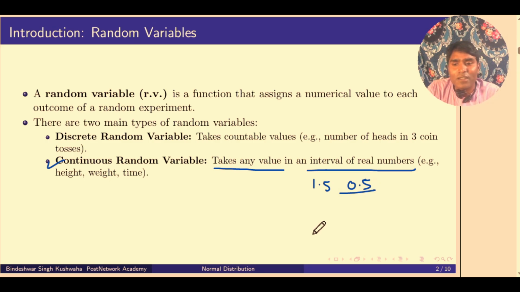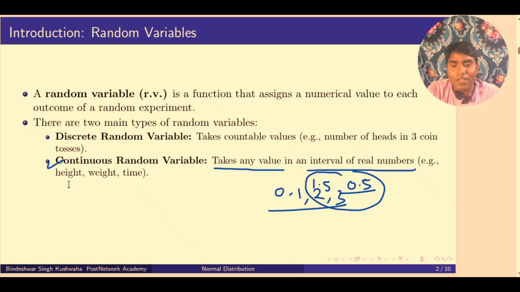Instead, a discrete random variable was not taking this kind of number. Discrete random variable started from 0, thereafter 1, none in between, 1, 2, 3, like this. So these are discrete numbers, but continuous random variable can take all values.